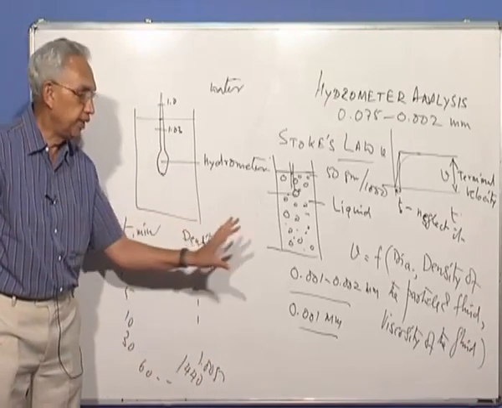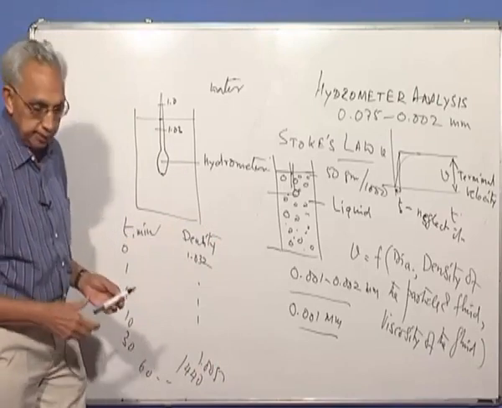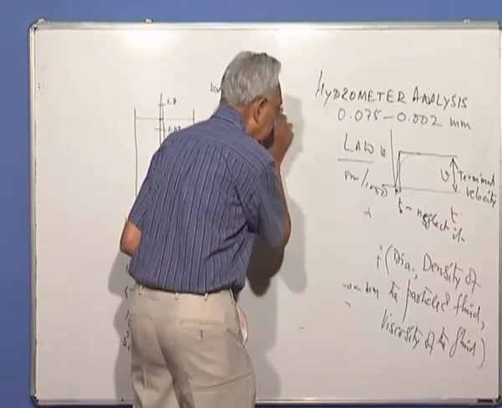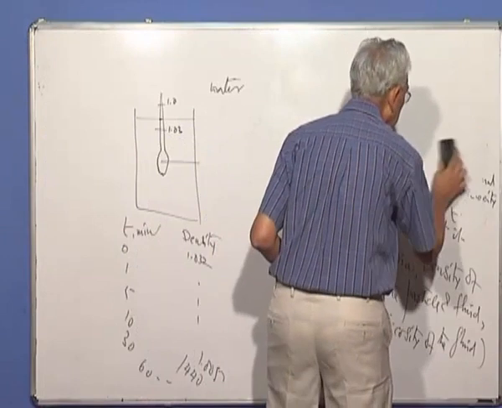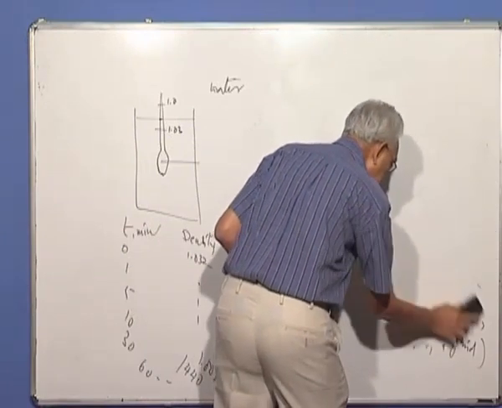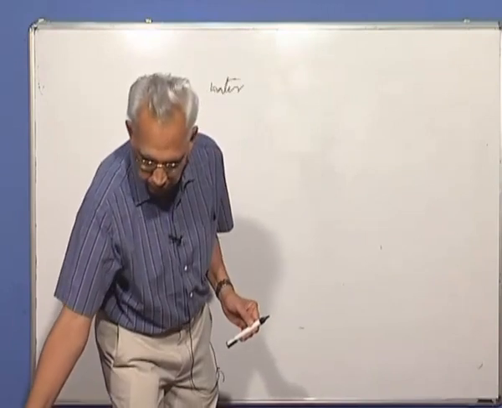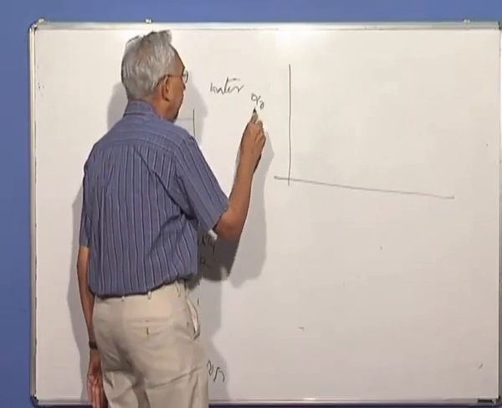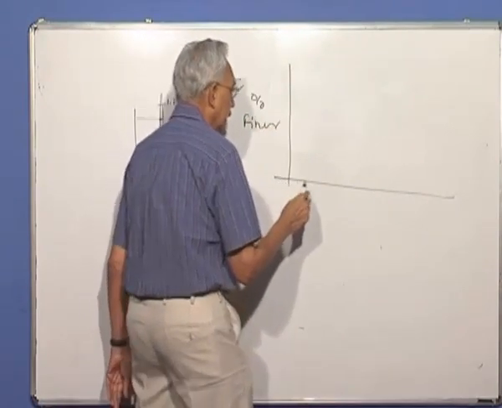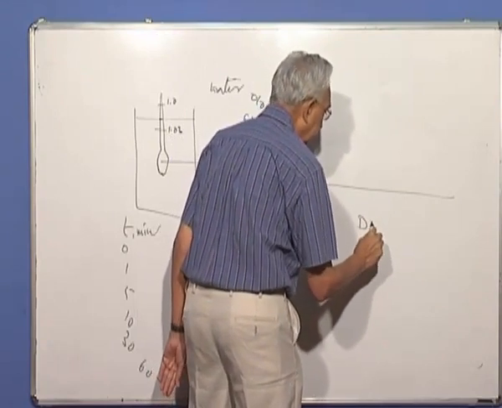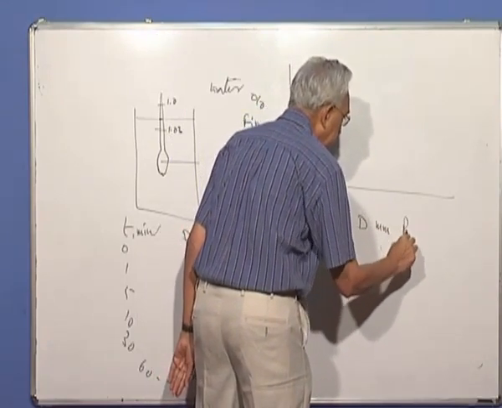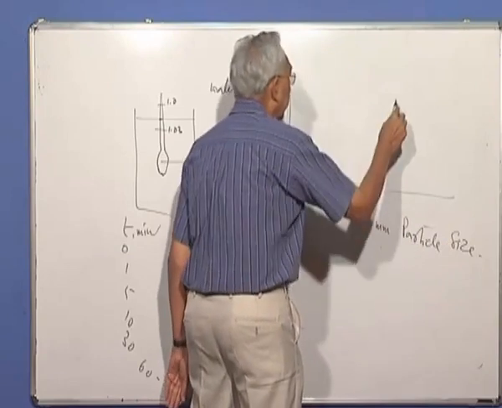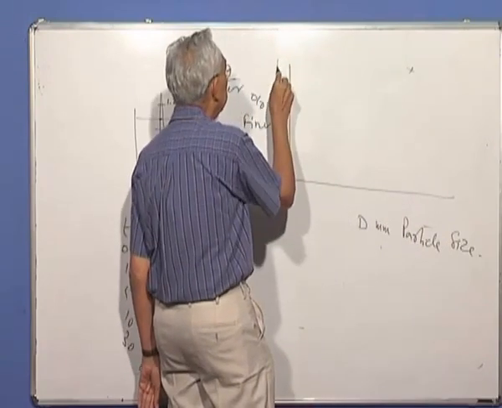Using this, again we try to calculate the percentage finer, so that now I can complete the grain size distribution curve. As I mentioned, we are going to plot percentage finer and particle size, d, in millimeters, and it goes from 0 to 100.